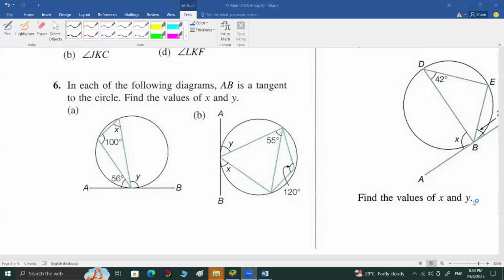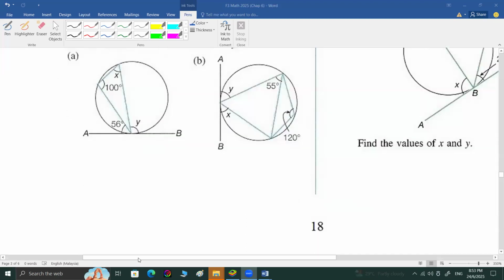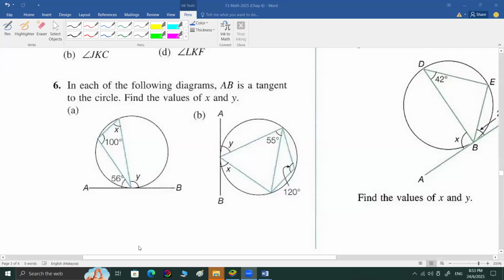I just explain this to the shape; actually, it's not a butterfly, okay? Question 6 has A, B, C, yeah? 3 questions.